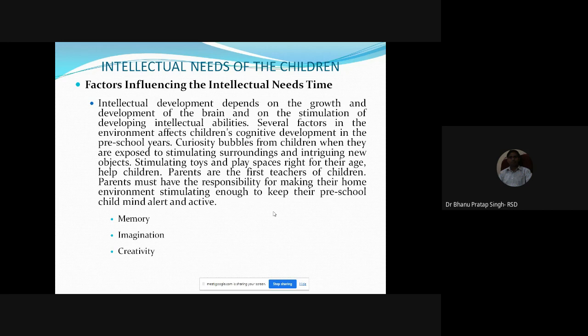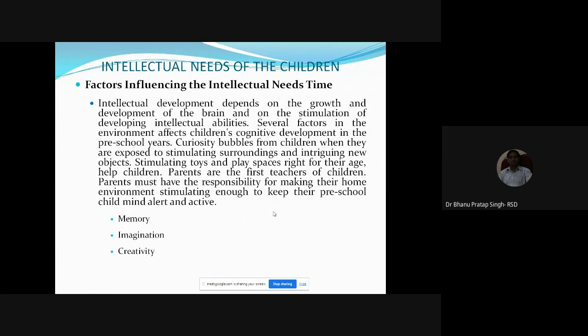Memory, imagination, and creativity are the three factors which are interlinked with the intellectual development of the child, because memory is also an important cognitive factor that learners use to store words, vocabulary, and theories in their mind.